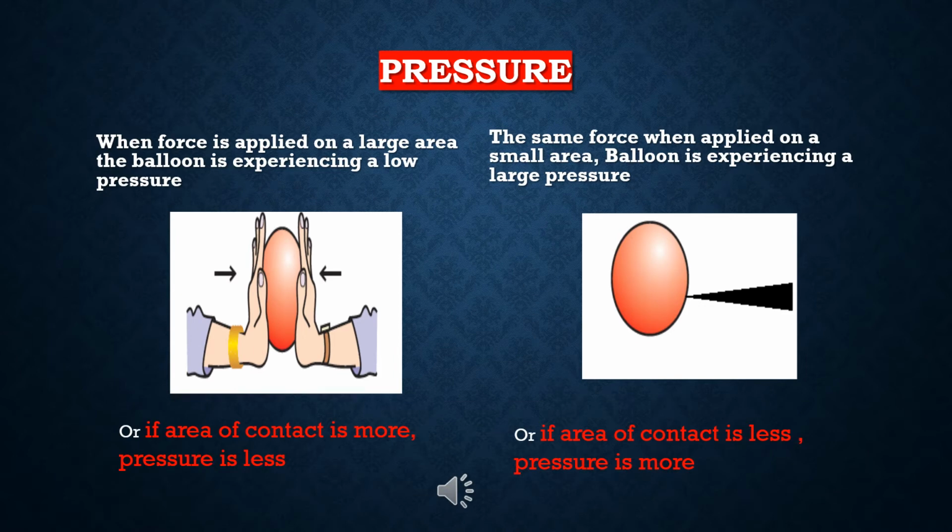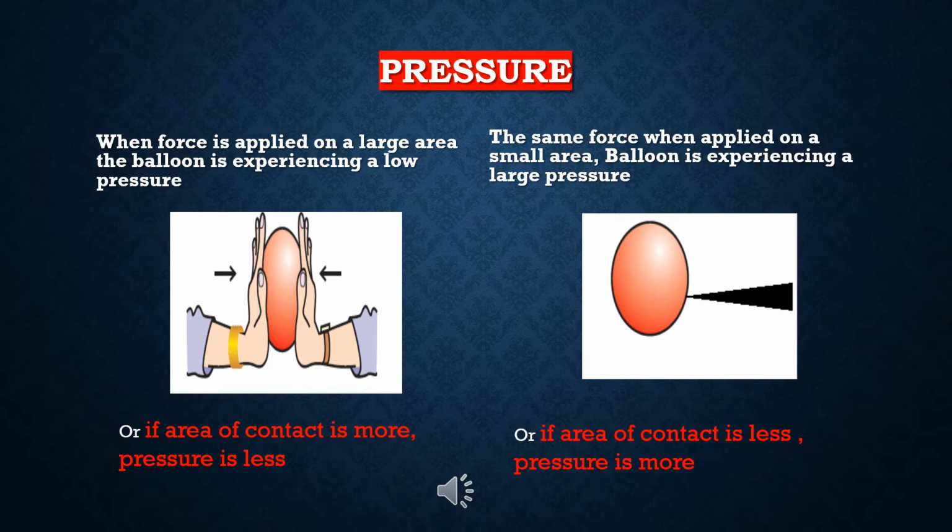Why is the balloon not breaking in the first case? Because we are applying force on a large area in the first case. When force is applied on a large area, the balloon is experiencing a low pressure. Or in another way, if the area of contact is more, the pressure is less. Once again, the area of contact means the area where we apply force.